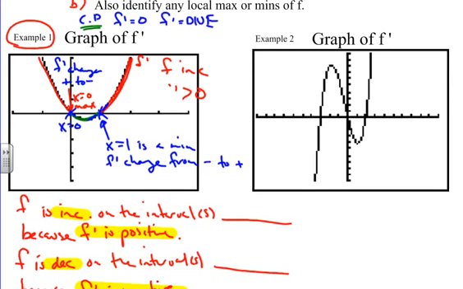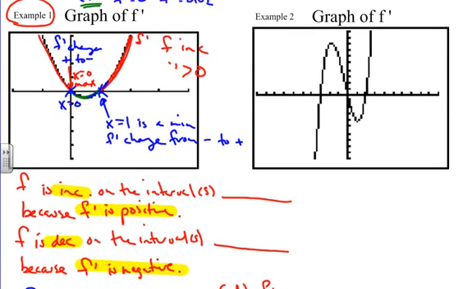If we look at example number 2, we can identify some similar things. All right. Looking at this graph, where are we going to have increasing and decreasing intervals? Well, once again, increasing, f prime has to be positive. So where is f prime positive?